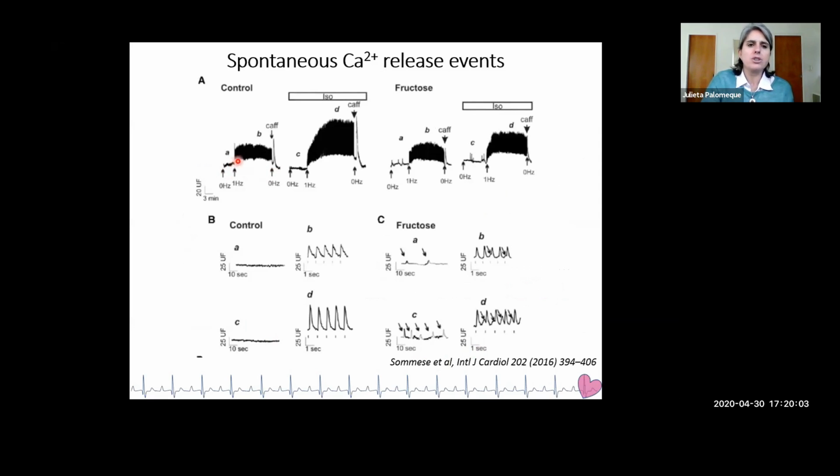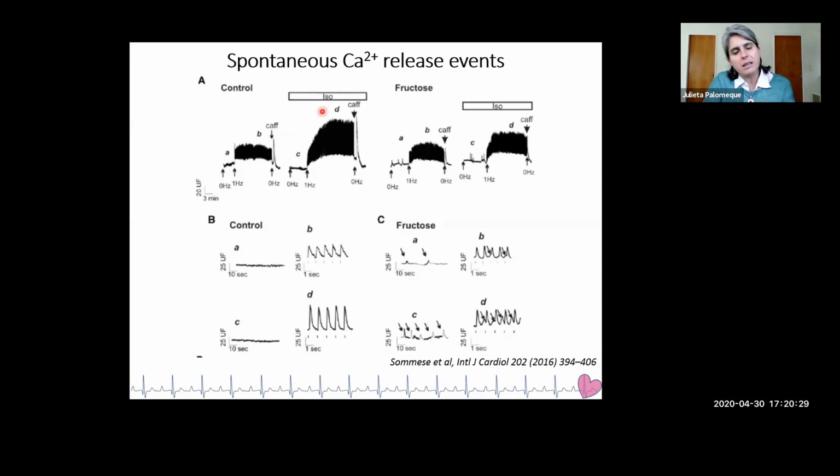We measure intracellular calcium with FURA2 by epifluorescence, and here we keep the cells in a quiescent state, and then we start to stimulate at 1 hertz, and then we made a caffeine pulse to measure sarcoplasmic reticulum content.